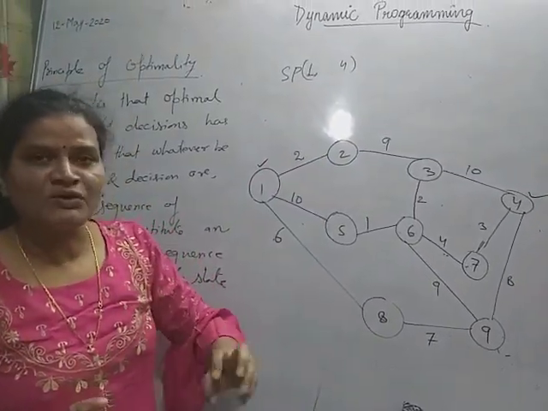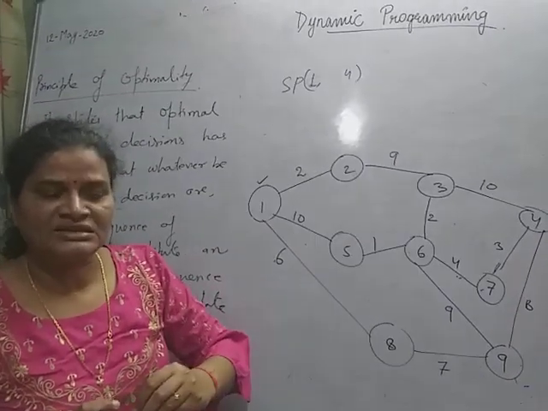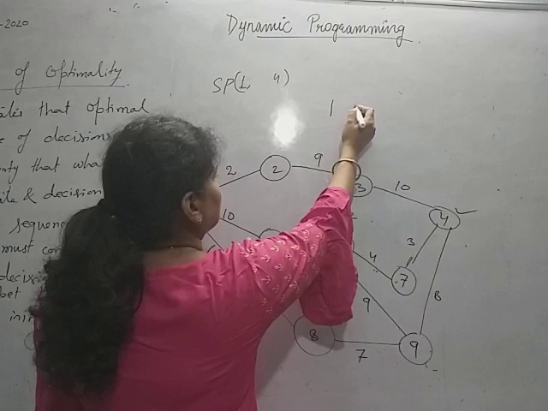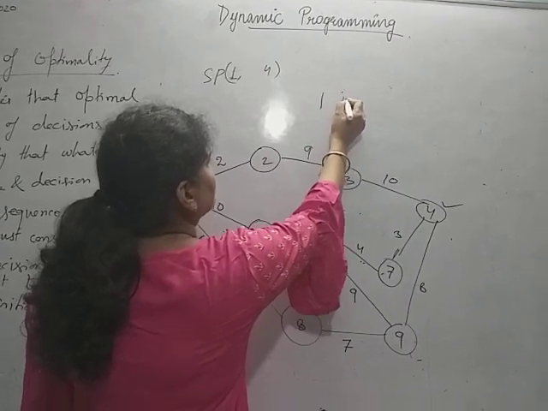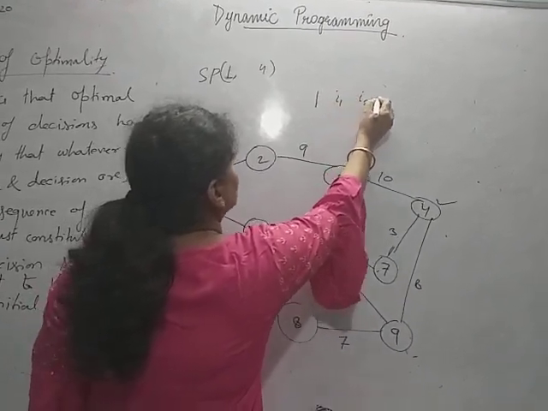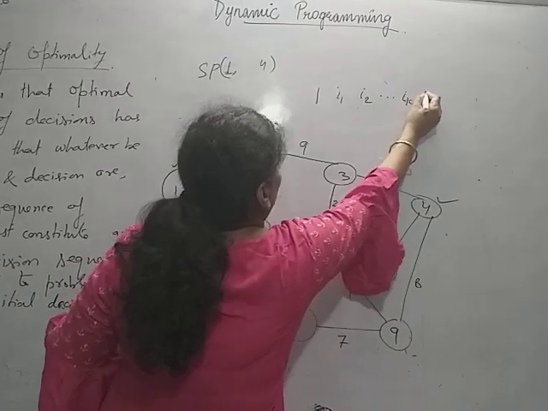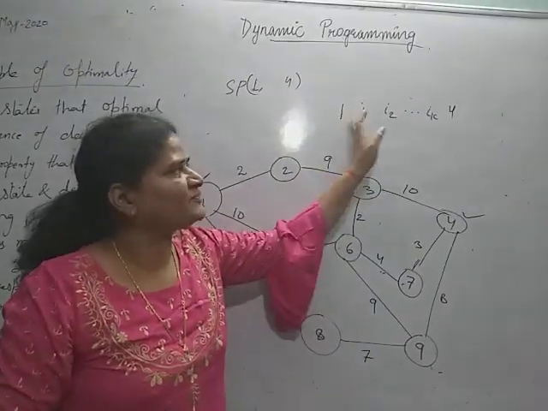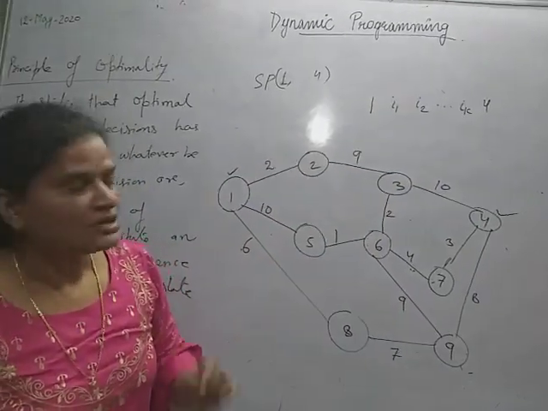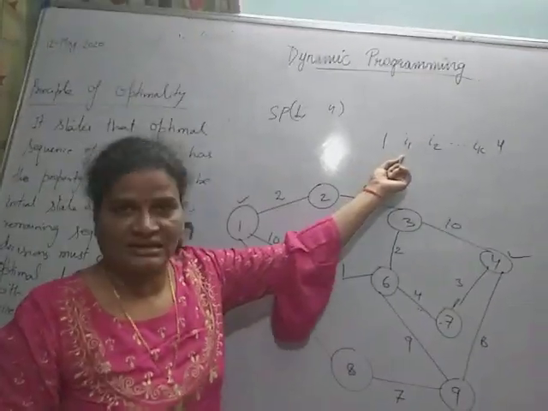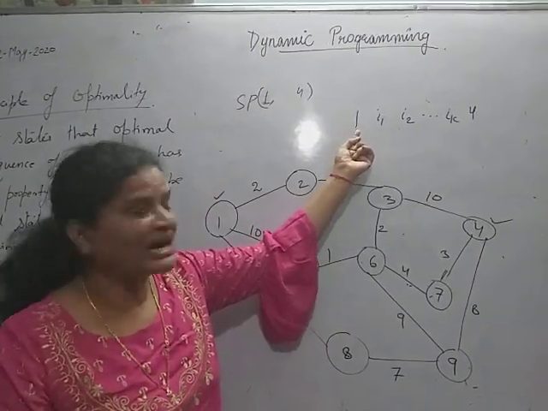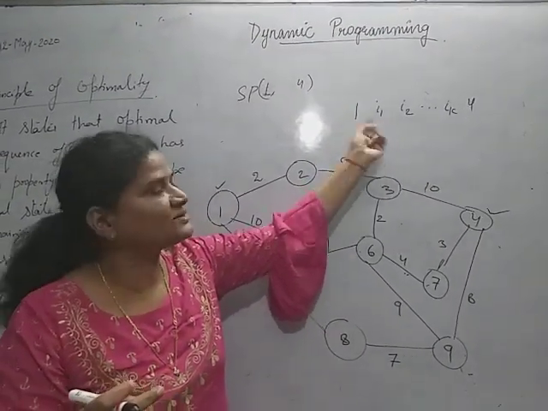Suppose the shortest path from 1 to 4 is 1, I1, I2, and so on, up to IK, 4. This is the shortest path from 1 to 4. First I have to take the decision for the vertex I1. We start from 1 and take the decision to go to I1.